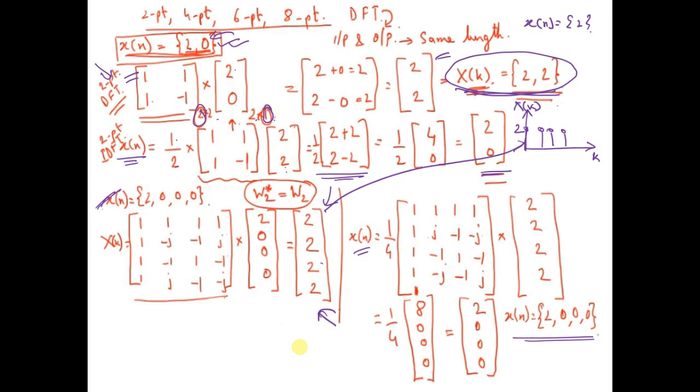Is it so? If you change the signal length by padding 0, will it change the frequency response? The thing is that it does not change the frequency response. Okay, so what is happening over here? Take the case of a window.